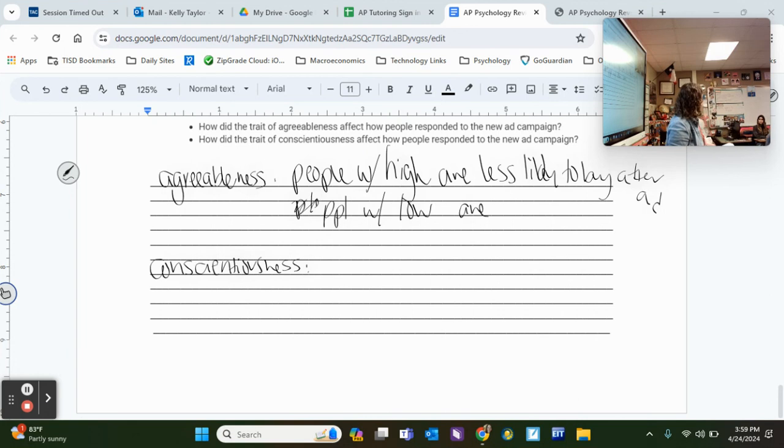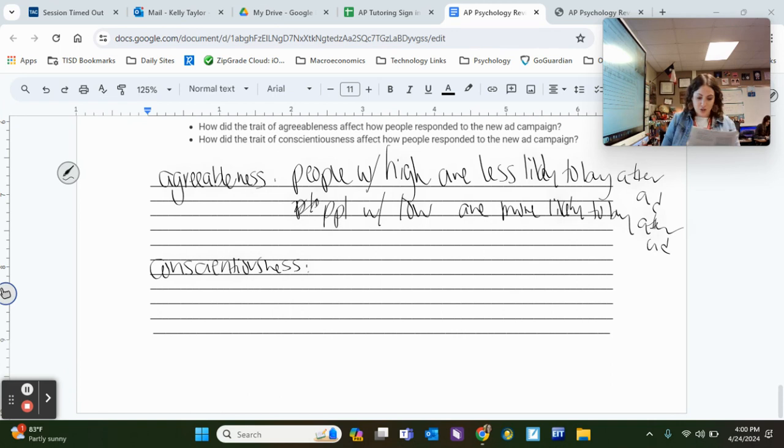Do you think they take off points if you do it with the abbreviation? You have to write the word people and with. Really? In statistics and chemistry you can, but those are math-based questions. This is more like literature. You can try that and see what score you get, but that's not something I would want to gamble on. So people with low are more likely to buy after the ad.